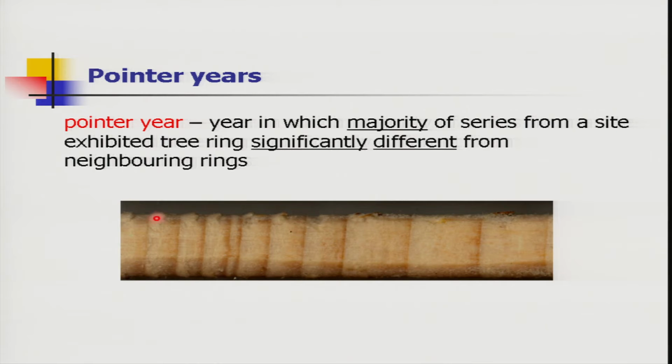So looking at the increment curve or other piece of wood, in order to find pointer years, we are searching for the structures that stand out from the others. And as you can see here, we've got a very narrow ring, almost on the left side of the picture of this curve.